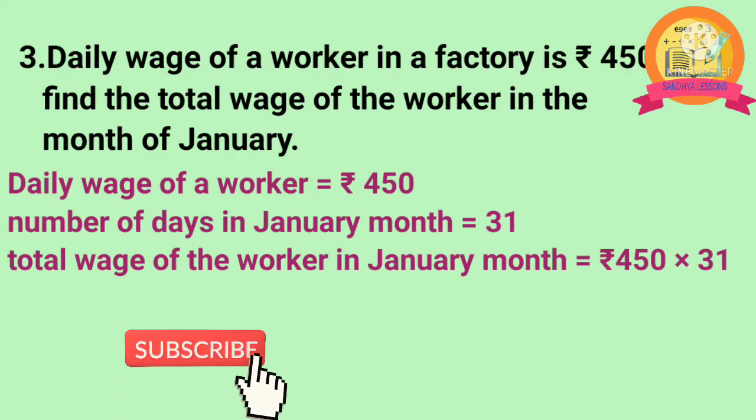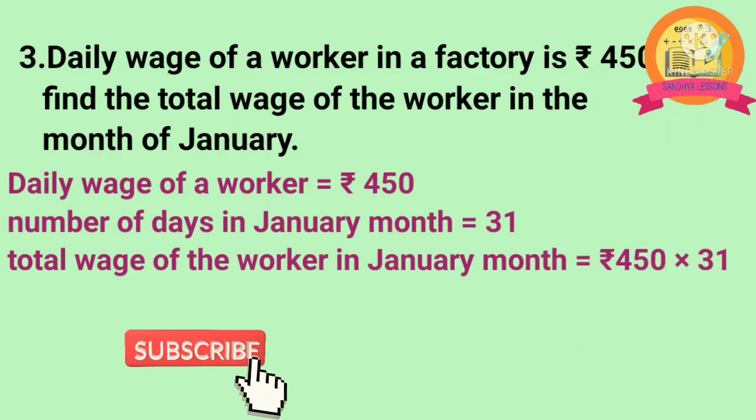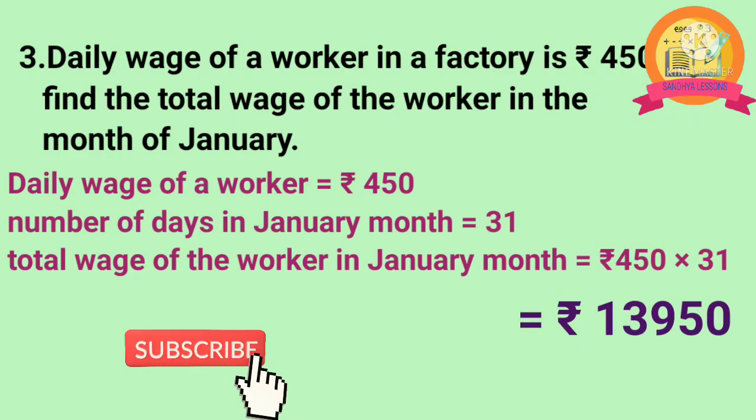Total wage of the worker in January month, to get the total wage, we should multiply the wage of one day by 31. After multiplying 450 by 31, we get 13,950. Therefore, total wage of the worker for January month is 13,950 rupees.